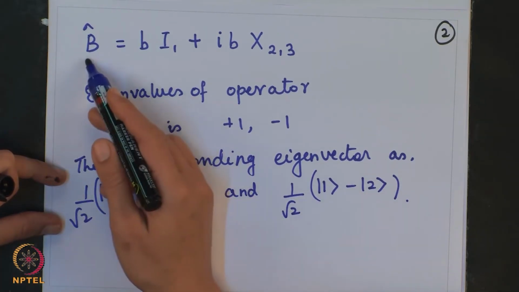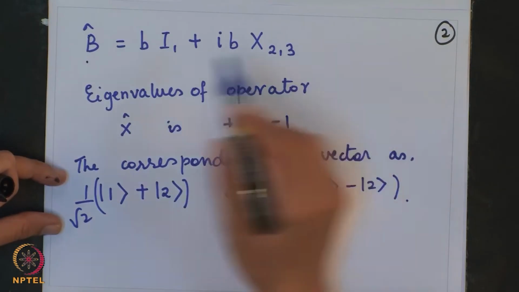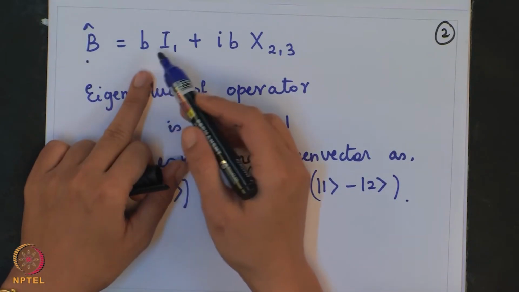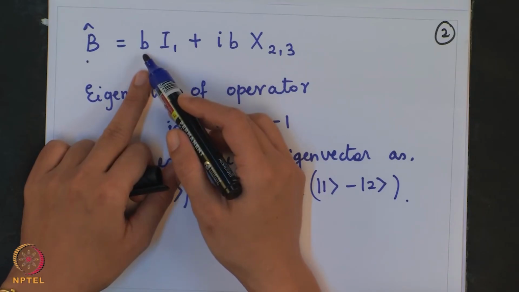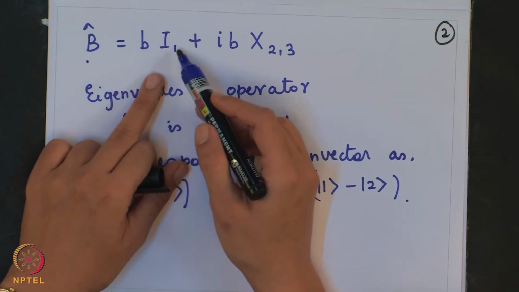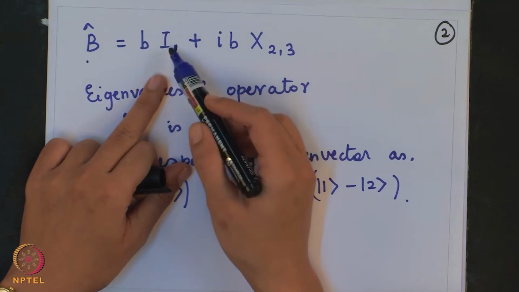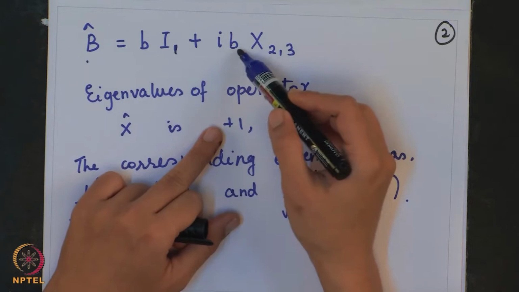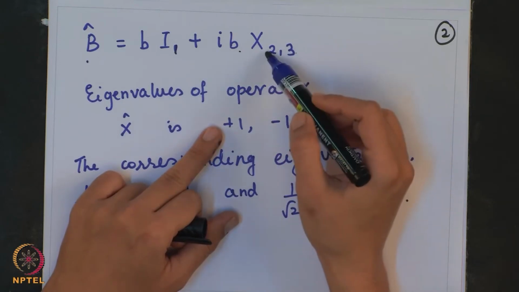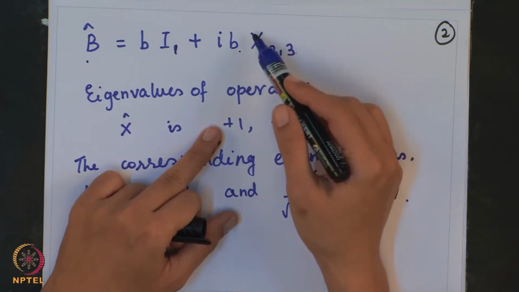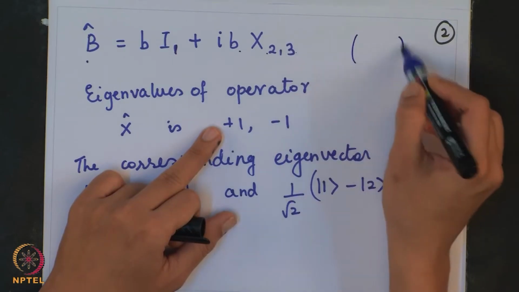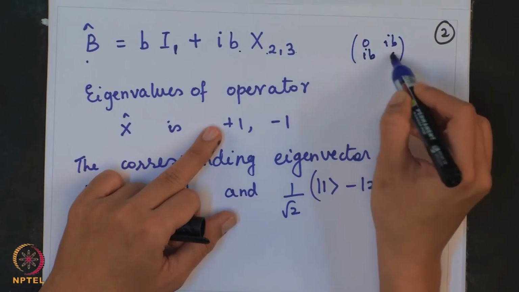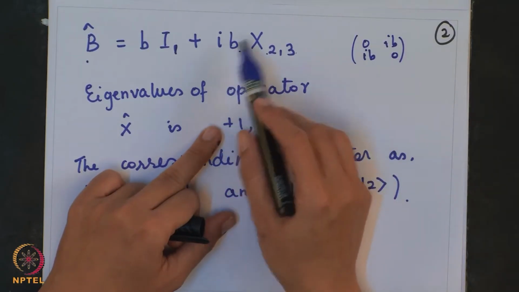Now, we have written B in terms of X and I. Let me explain this to you. B is the coefficient which is real, in the 1 1 component, and iB in the 2 3 component. So, this part is 0, iB, 0, and the rest of the terms are 0.